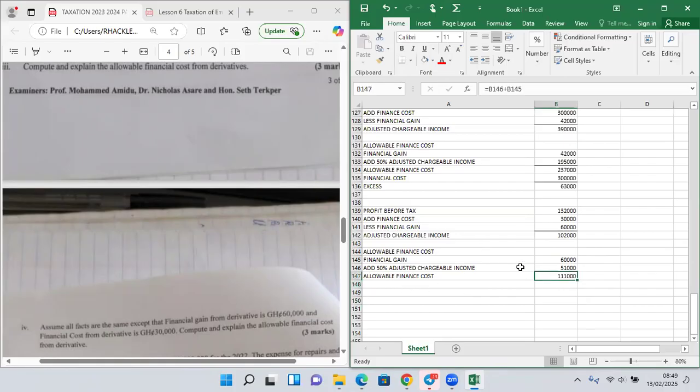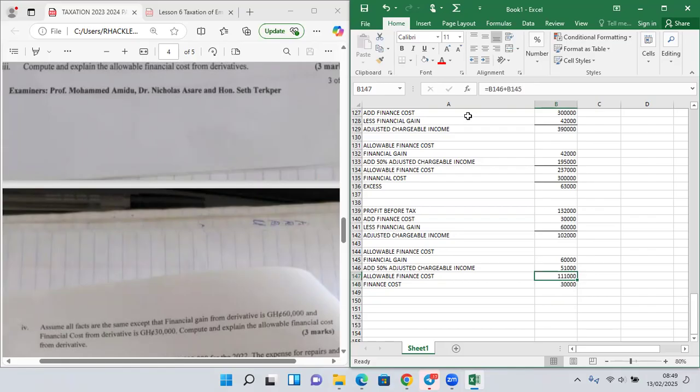The allowable finance cost here is what? 111,000. Then the finance cost is 30,000. So in this case, we are going to take the 30,000, like the 30,000 is the one that is allowable and not the 111,000.